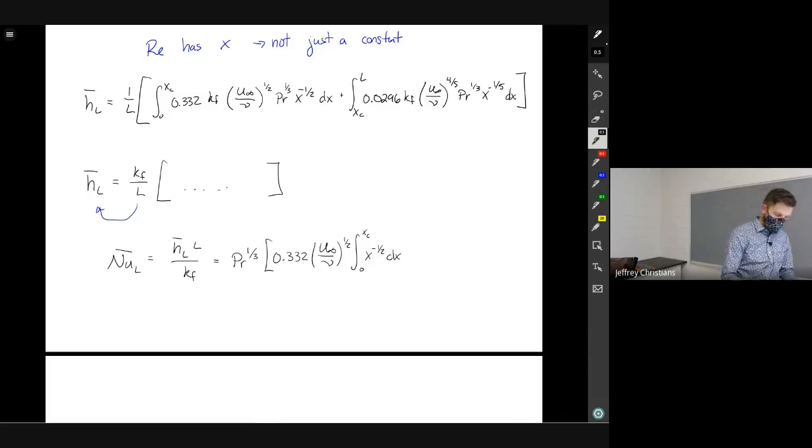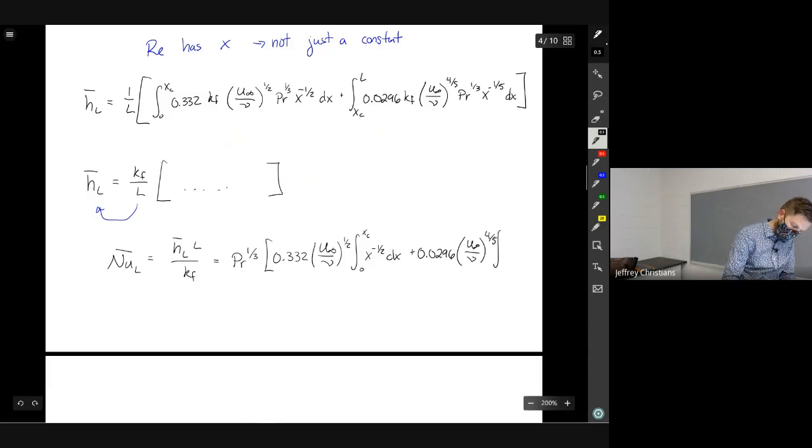So that's our first term. We are pulling out constants. Plus 0.0296. Okay. And then we have to do those two integrals.